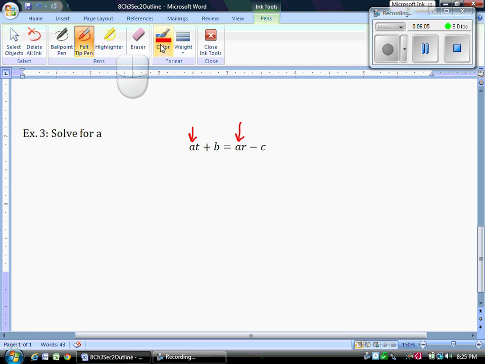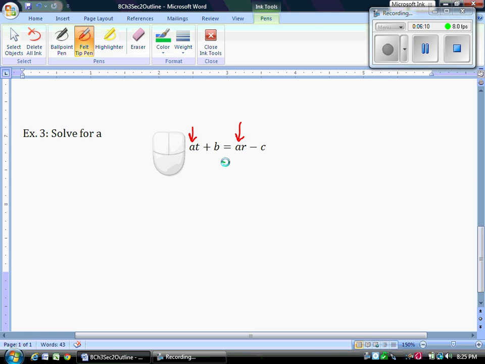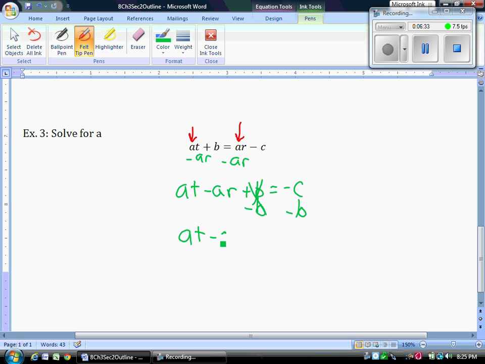Okay, so let's go ahead and subtract the AR, minus AR, so that I have AT minus AR plus B equals negative C. All right? Then we'll subtract B because remember we're trying to solve for A, so I need to get rid of B. And now I'm left with AT minus AR equals negative C minus B.